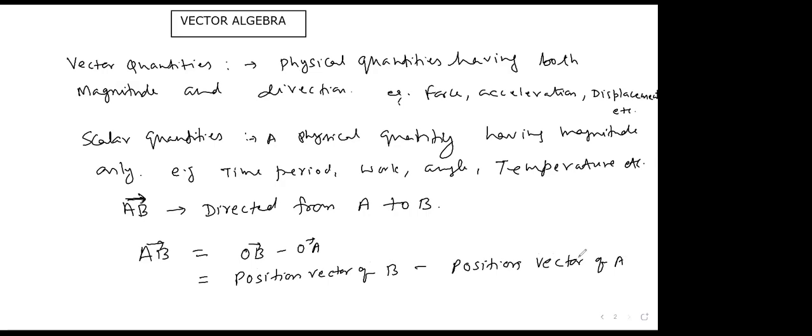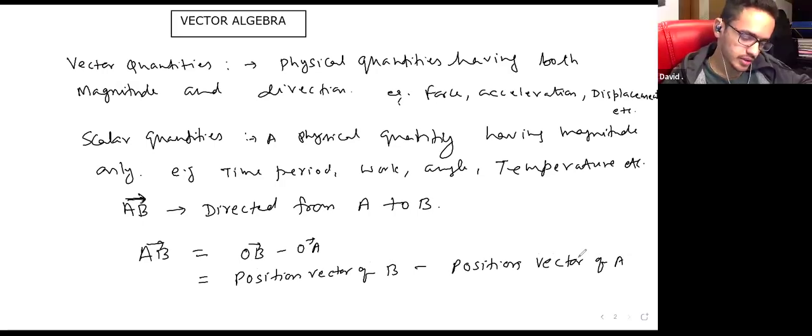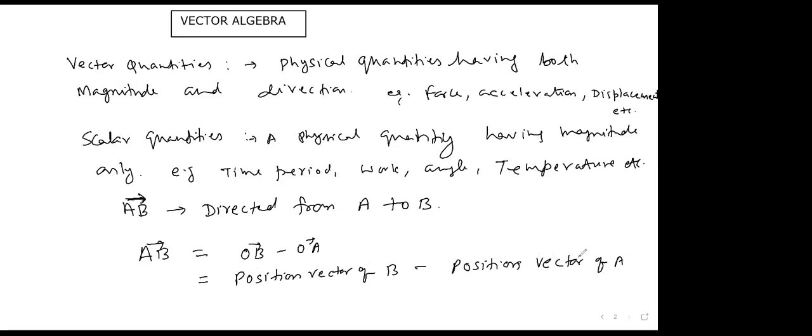Now, what is a position vector? It is the location, the address. It is the coordinates. In the Cartesian system, if we say the x coordinate is 2 and the y coordinate is 3, then on the x-axis the distance from the origin is 2 units, and on the y-axis the distance from the origin is 3 units.